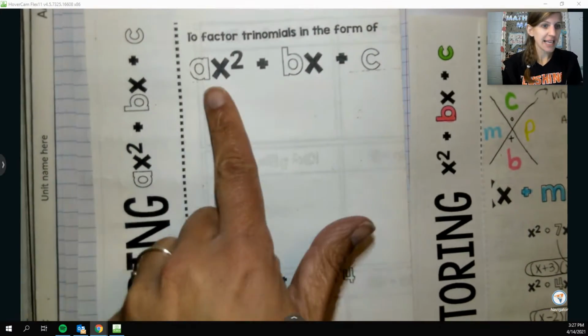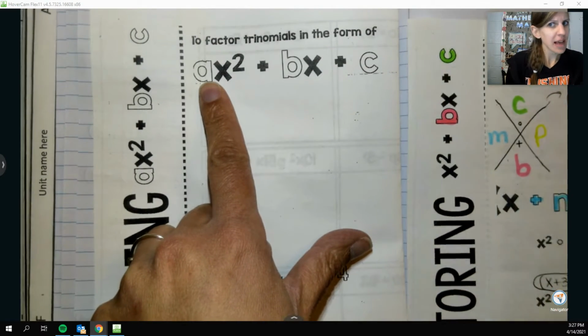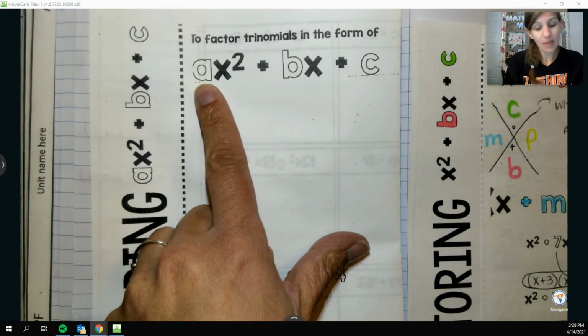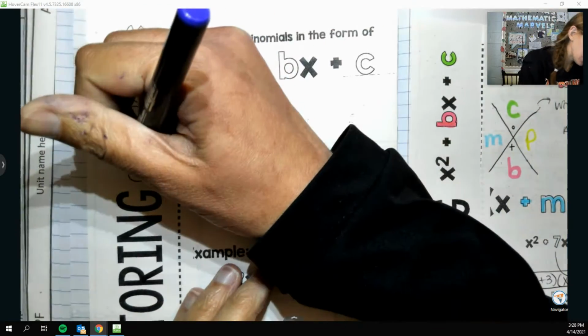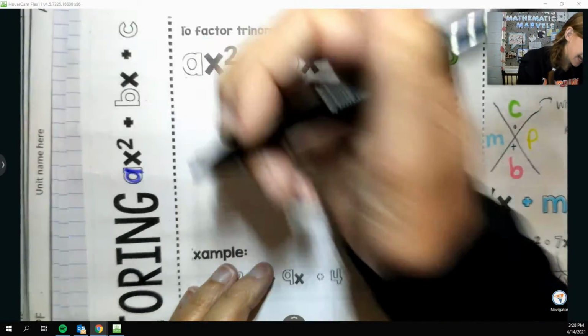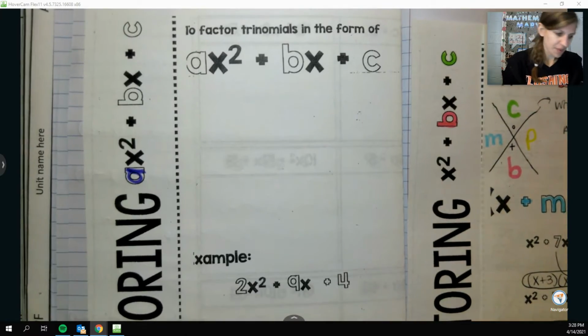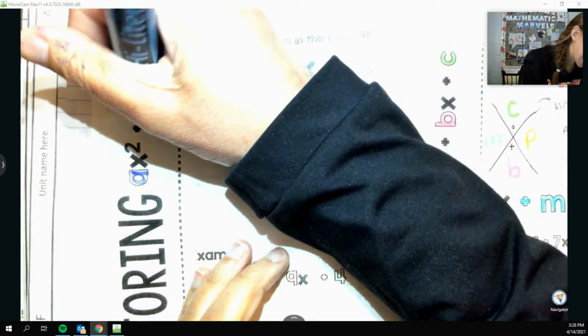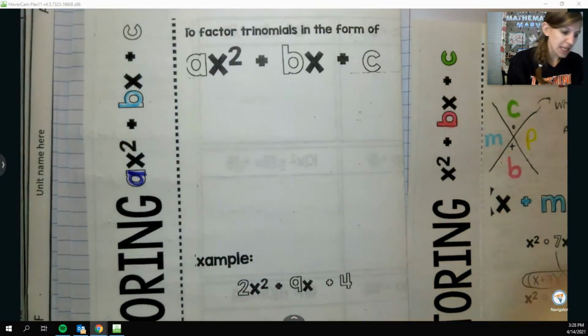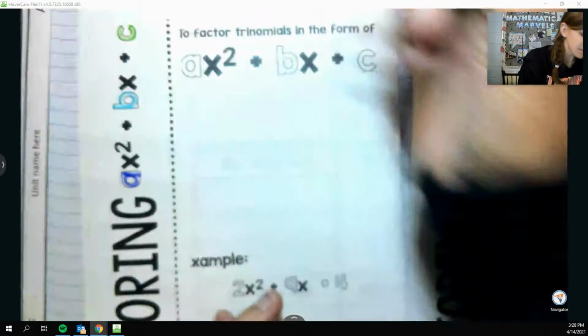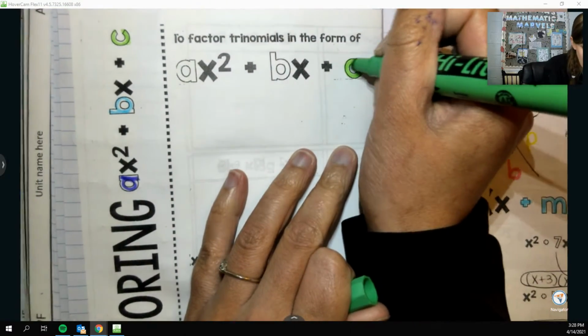And you can see that now I have a number in front of my x squared value. So when I have ax squared plus bx plus c, I factor in a similar way.